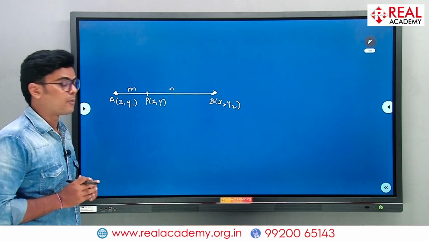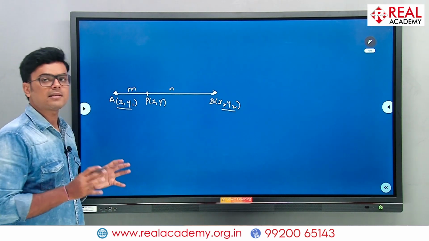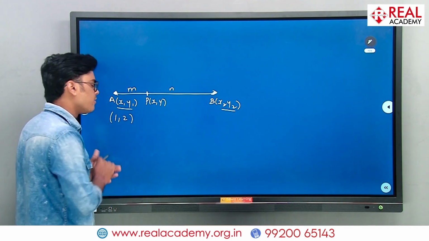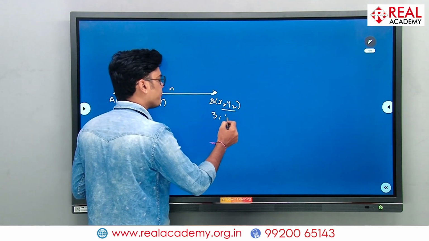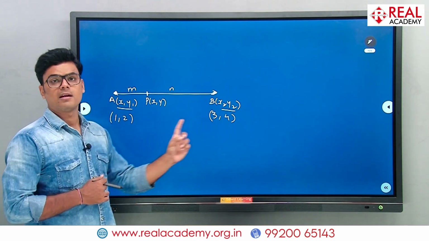So how to use this formula? In the question they won't mention x1 y1 and x2 y2. These are just for your assumption. In the question you will be just given some points, and you have to assume what is x1 y1 and what is x2 y2.